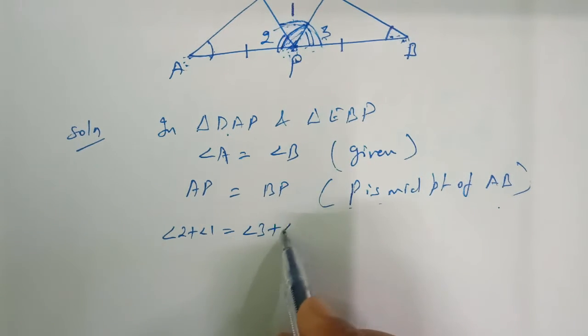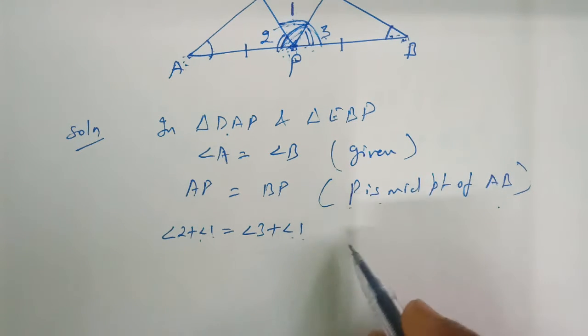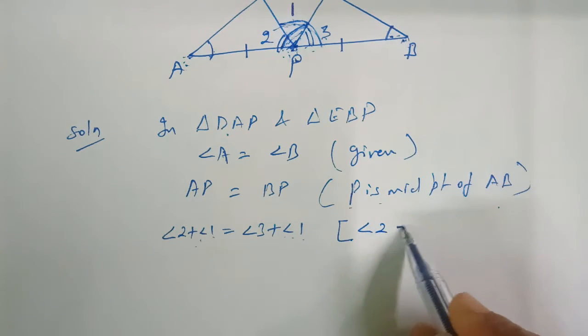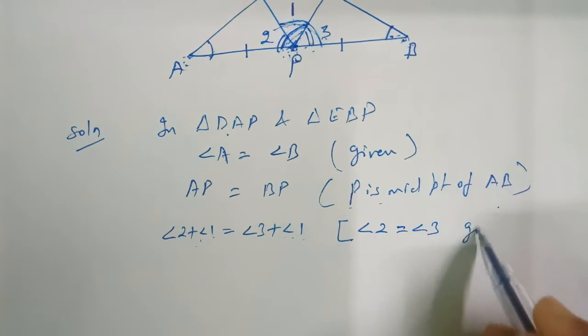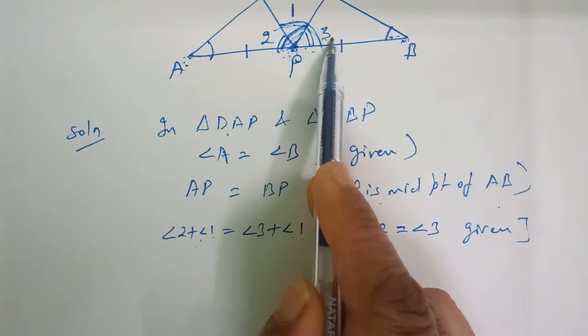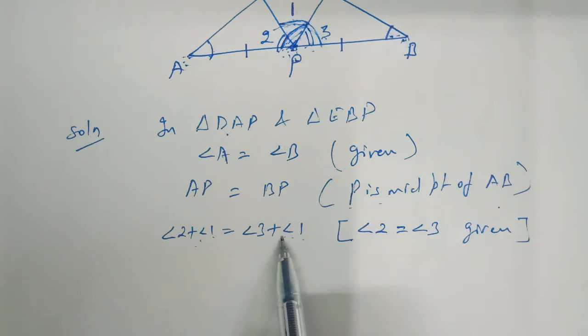What we are observing, angle 1 is common in both of them. Why are they equal? Because it is given angle 2 is equal to angle 3. These two angles are equal, it is given. So if we add the same angle in both of them, then they will also be equal.